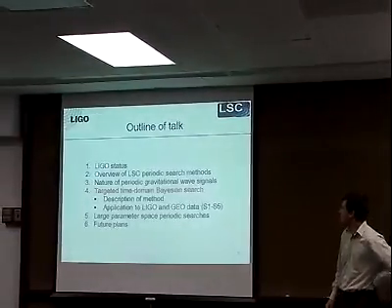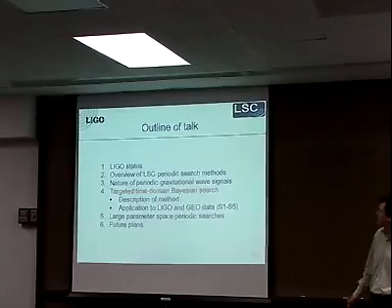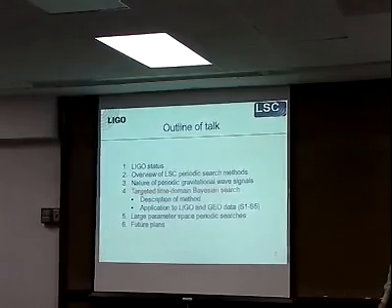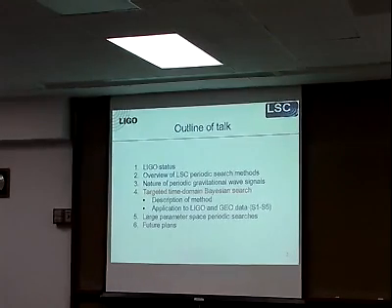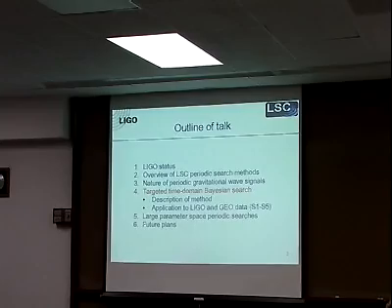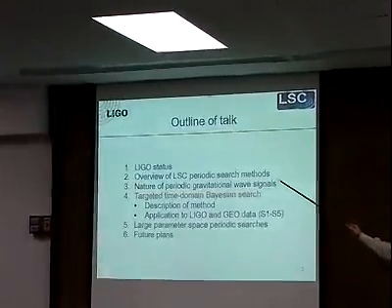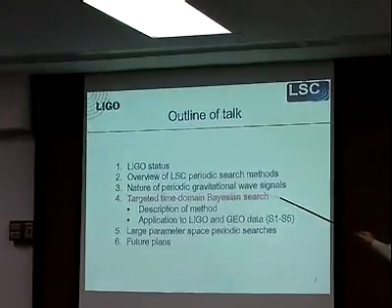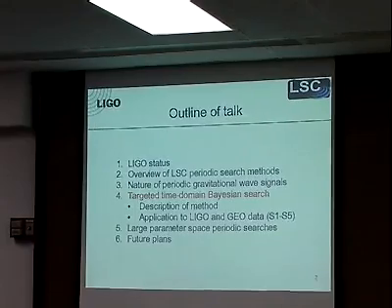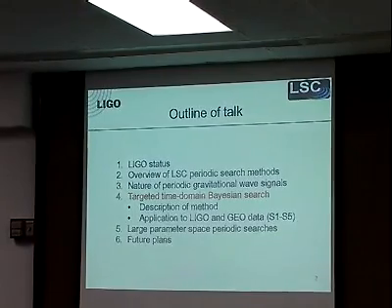So I'll begin by giving a quick status of the LIGO interferometers now. I'll give an overview of the different periodic searches we're doing with LIGO and GEO. Then I'll mention the nature of these signals, what they look like, and I'll describe in detail the time domain Bayesian search method, which is a targeted search method which we're using for radio pulsars.